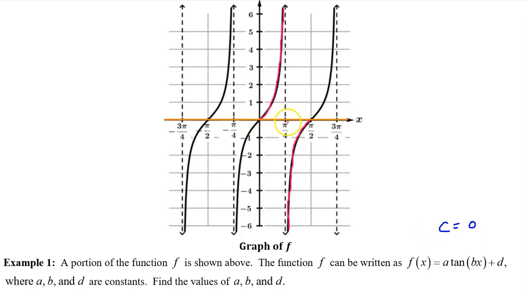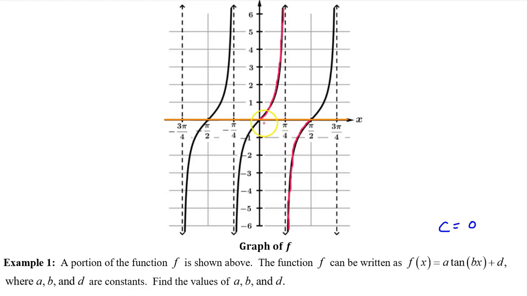Since there is no phase shift, that means one period of the tangent function will start right at 0. Sometimes we think of the period of tangent as running from asymptote to asymptote, but you can also think of one period of the tangent function as going from x-intercept to x-intercept, or in general it will be the midline intercept to the next midline intercept.